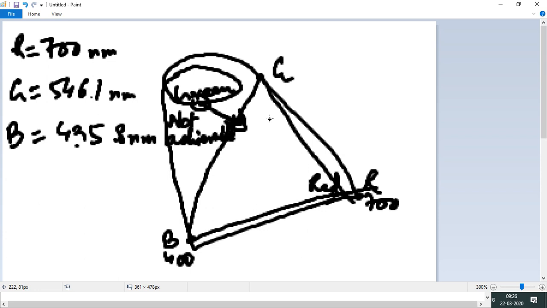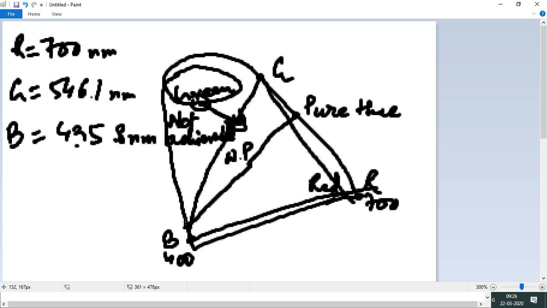Okay. Now also another thing, I have already told you that this point is the ideal white point, right? And this is the area of pure hue. Now when you join a line from the area of pure hue to this white point, and you continue the line on the other side, the color that you get on the other side will be the complementary color to the color present in this direction.